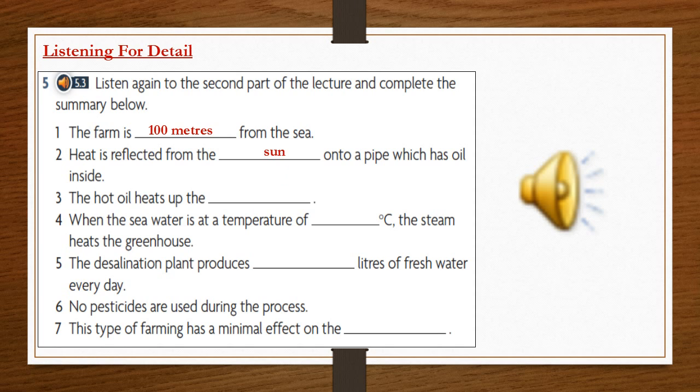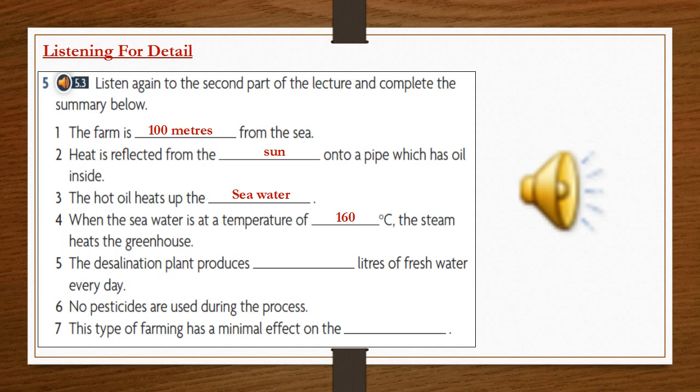That's from the audio. Heat is reflected from the sun onto a pipe which has oil inside. The hot oil heats up the seawater. When the seawater is at a temperature of 160 degrees centigrade, the steam heats the greenhouse.